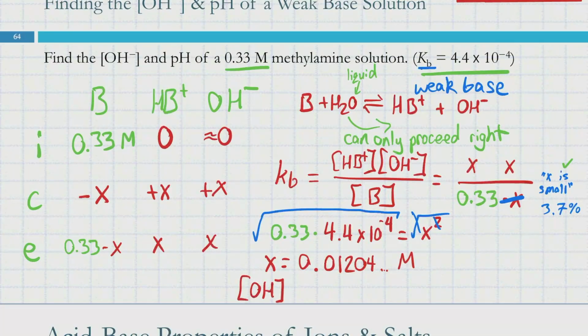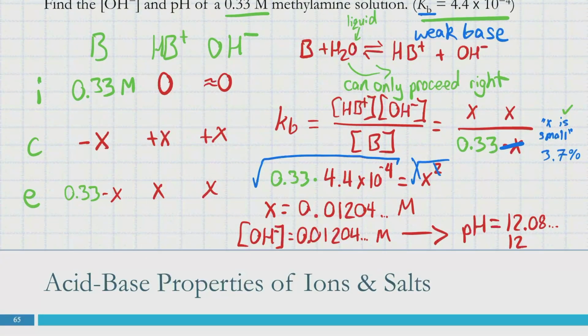So our hydroxide concentration is 0.01204 dot dot dot molar, which gives us a pH of 12.08, so basically 12. Questions about any of that?